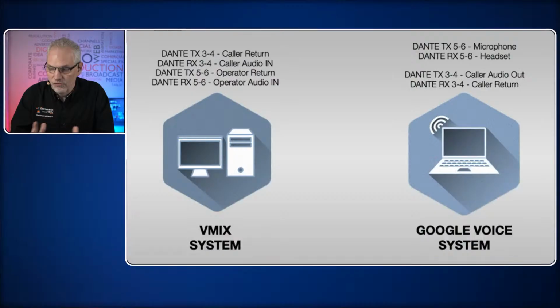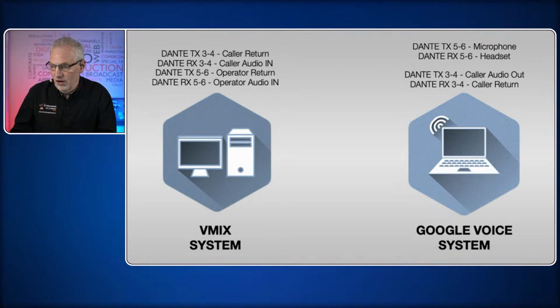So in order to do this, we have to set everything up inside of these two systems, my vMix system and my caller system with Google Voice. I have a diagram here which gives you a quick overview of the way we looked at setting this up.